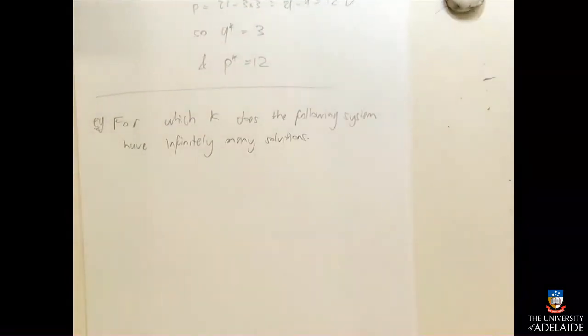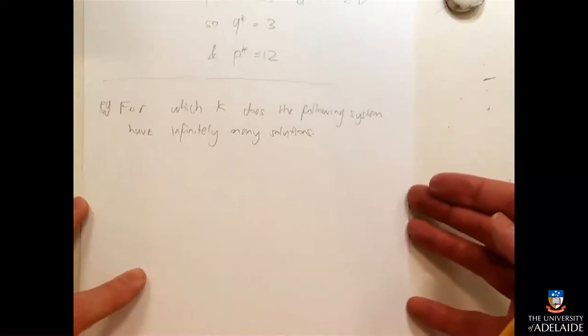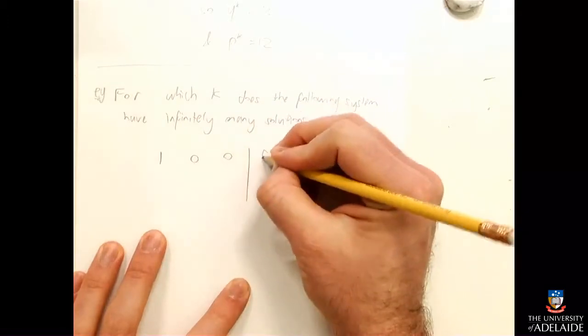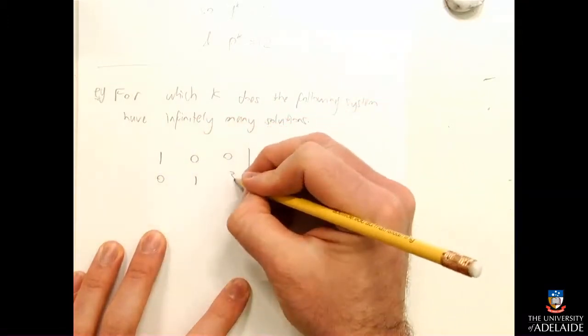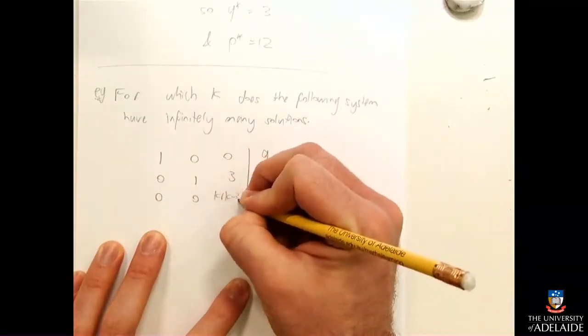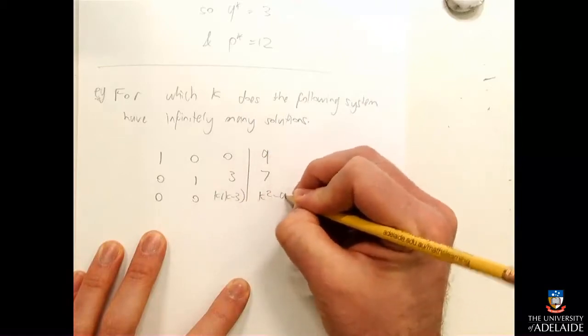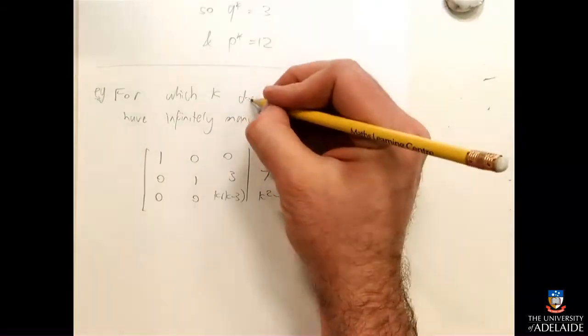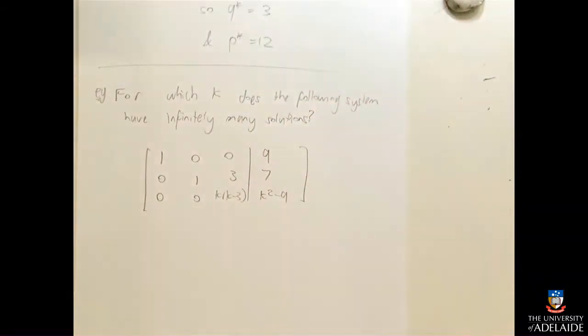Of course, doing random questions stuffs up the way I've organised the web page for you guys, so there'll probably be just a miscellaneous stuff at the bottom that you can find this video in. Of course, if you're watching this online, you've already found it, so well done. So for which k does the following system have infinitely many solutions? Okay, so that's the question.